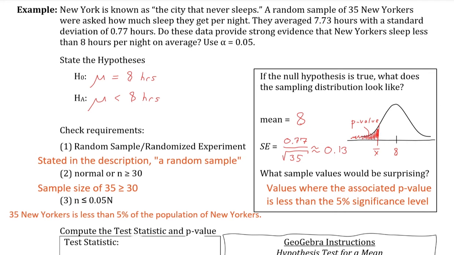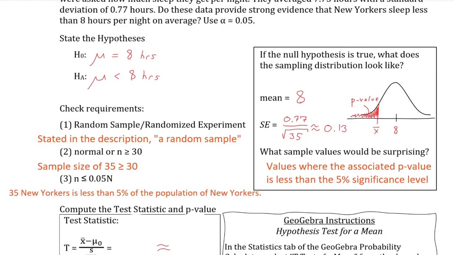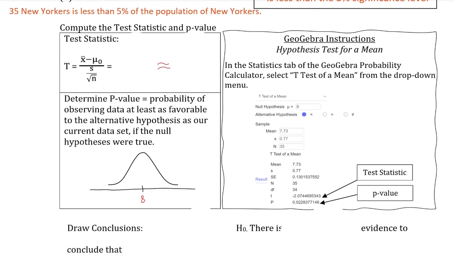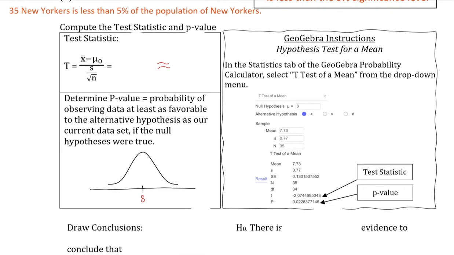Now that we know the setup, we can now knock down the rest of the problem and calculate the test statistic, the p-value, and get to our conclusion. First, to compute the test statistic, recall that we're doing a t-test, not a z-test.